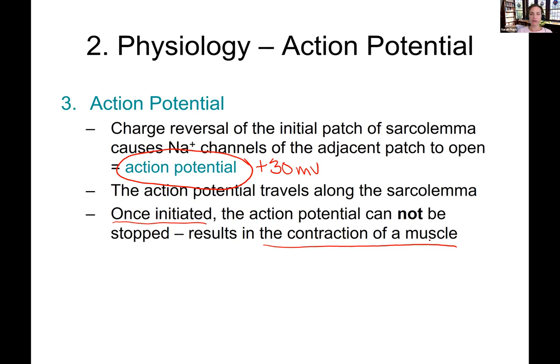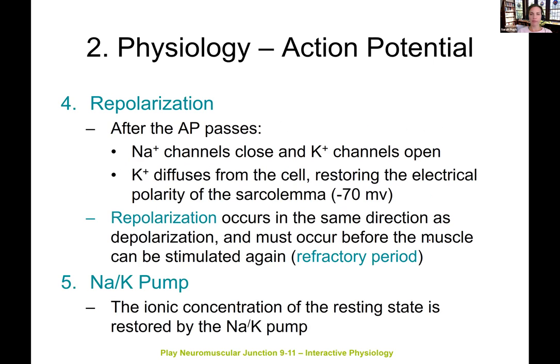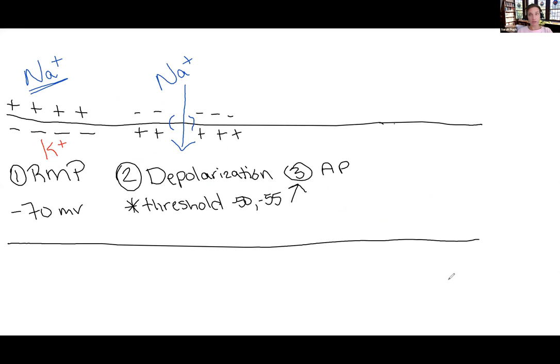All right, so let's go back to our whiteboard and we'll draw our action potential in. Okay, so I told you that an action potential is if you hit threshold, you get enough sodium coming in, then an action potential will get you up to positive 30 millivolts. So the inside gets, I'm just going to do it like this, super positive.